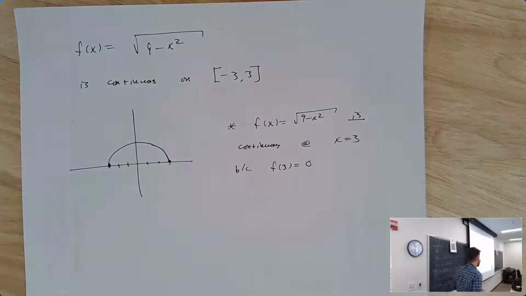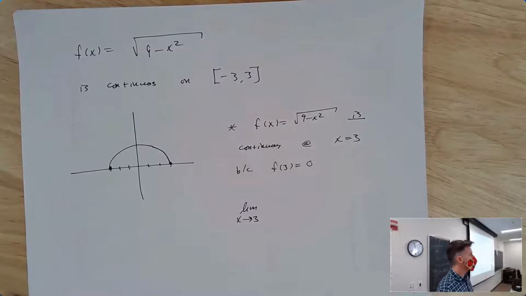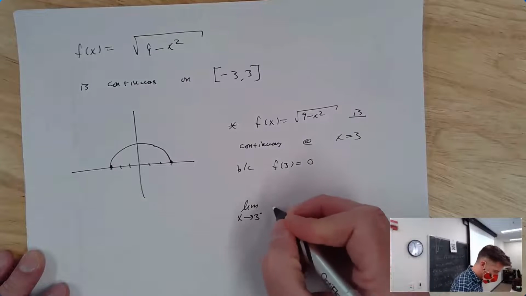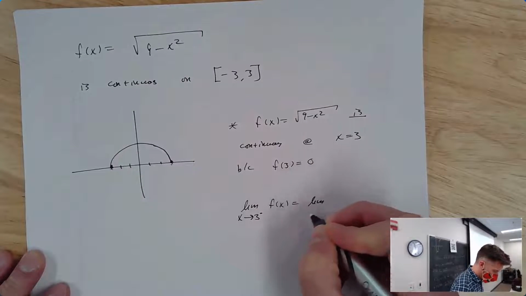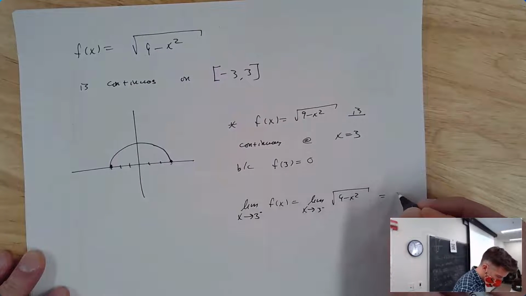And when we talk about the limit, well, when functions are defined only on one side of a value, we're going to say, the limit as x approaches 3, it really only makes sense to talk about the limit as x approaches 3 from the left because the function isn't defined on the right side of 3. So really, we're only talking about this, and that's equal to the limit as x approaches 3 from the left of that. And that's going to be 0.